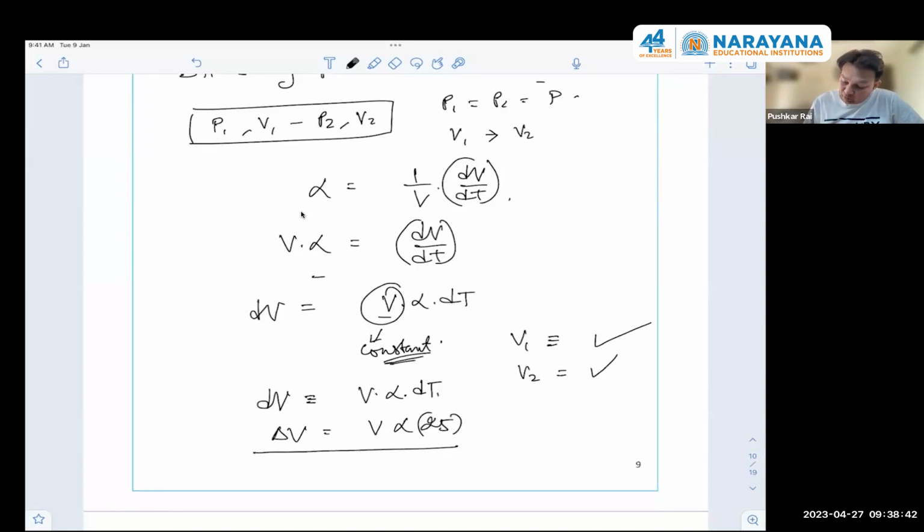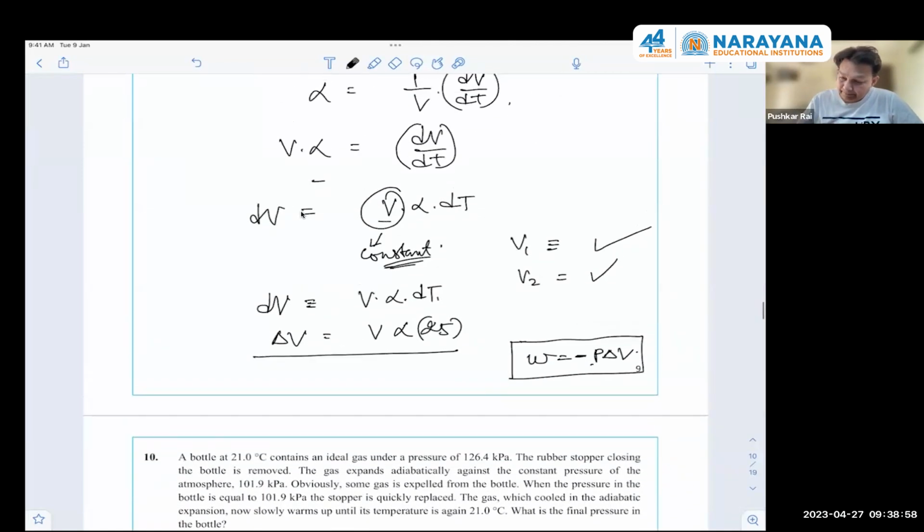So you will get the value of P delta V. Of course, W is equal to P delta V here. By this approach, you will get W is equal to P delta V. Put a negative sign, so you get W. So you got W. What else? Or any other fundamentals?